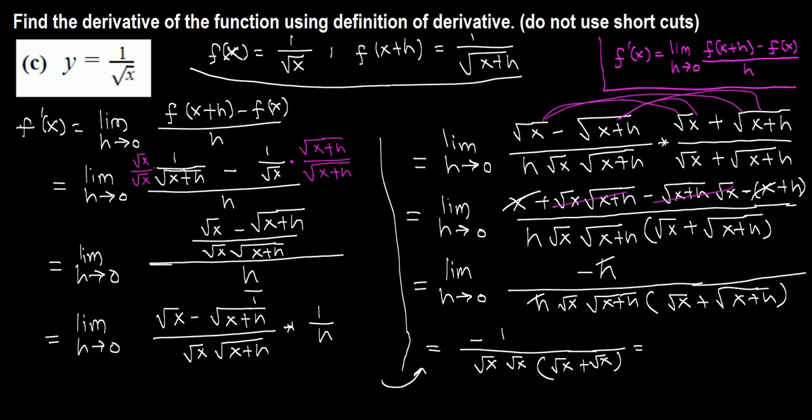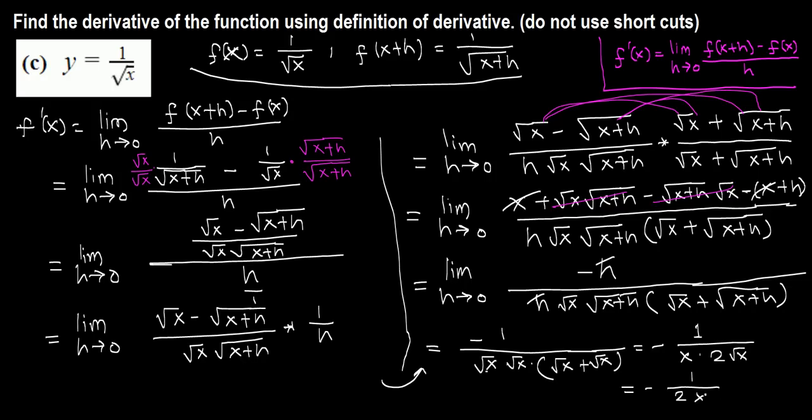Now we simplify, the negative to the front, over square root of x times square root of x, just x, times square root of x plus square root of x, two of them, 2 square root of x. We can simplify further: negative 1 over 2. So how many x's? x raised to 1 times x raised to 1/2.